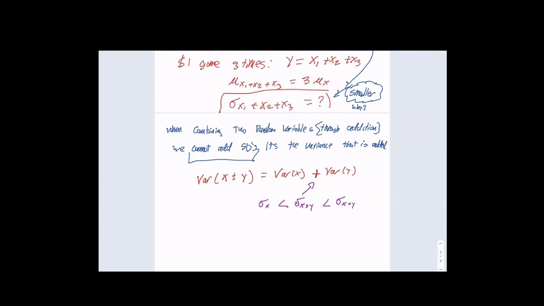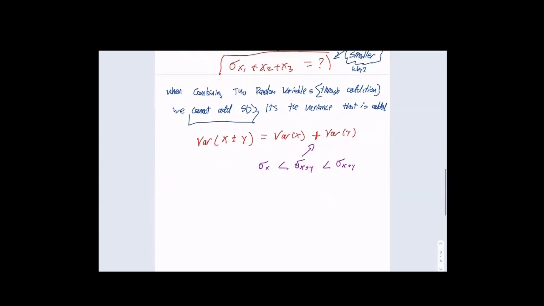So if I had 2 standard deviations, one is 3, one is 4, and I combine these, I know for a fact that my answer cannot be less than 3, and my standard deviation is not going to be more than 7. If I add these 2, I get 7, but I know my answer is not 7, because when I combine them, I know that I get less variance. So we don't simply add.